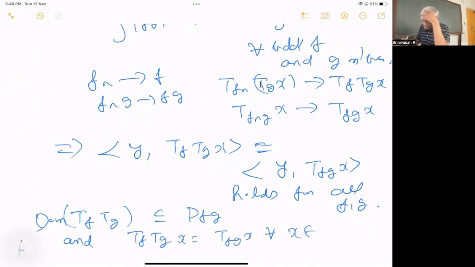I mean, whenever this makes sense, for all those X such that T G X is in D F, this is equal to that. For all those X in the domain of D G such that D G acting on X is in D F.